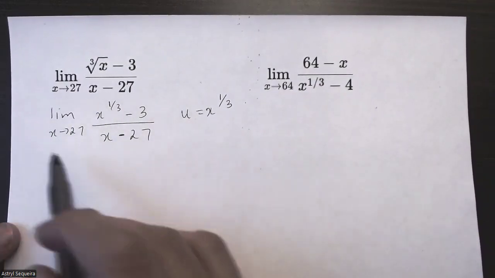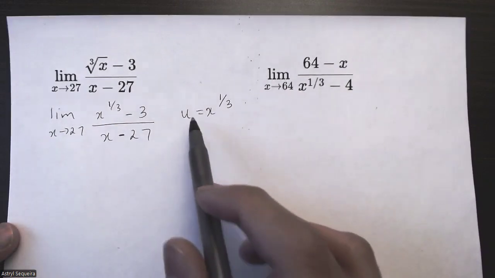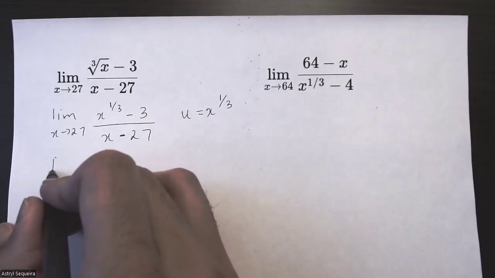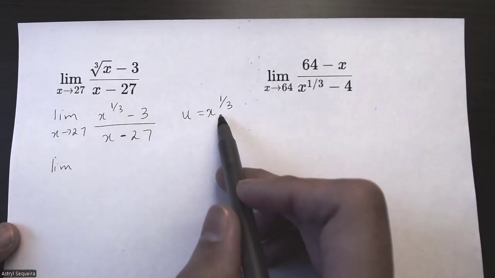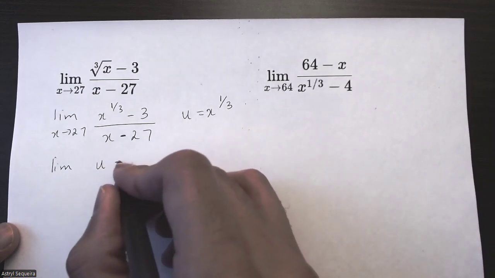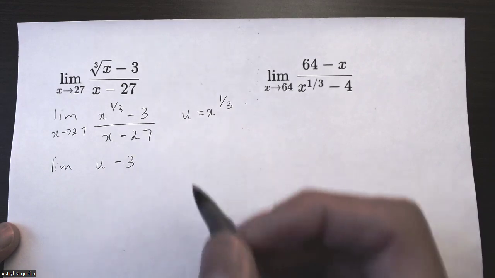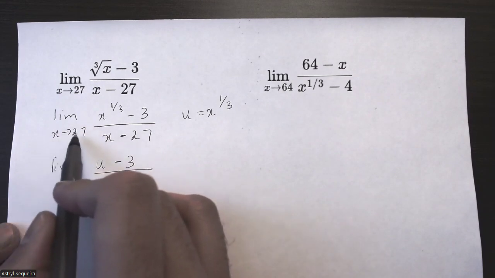So now I want to rewrite this entire equation, but replace all the x's with u's. So I'll write the limit the exact same. X to the power of 1 over 3, I've defined that as my u, so I can replace that by u. Now, this over here is the limit for x. X approaches 27.